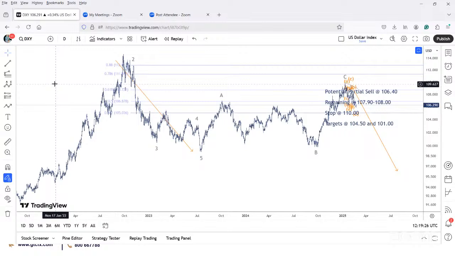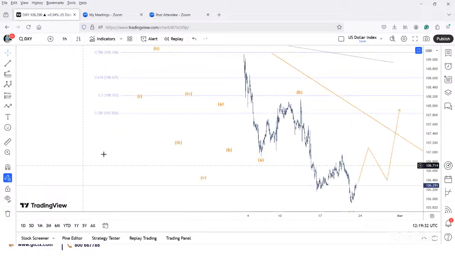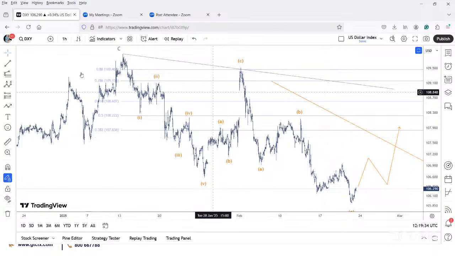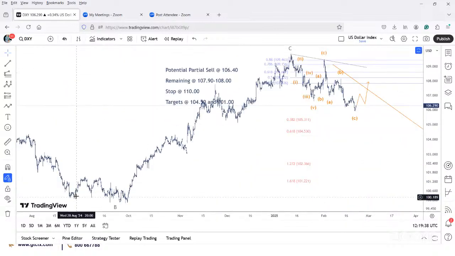Mind you, gentlemen, this is not a short-term projection. Short-term projections for the dollar index are as follows: 104, 104.50, 103, 102. Those supports are going to be taken out one by one. So you can keep booking partial profits if you're willing to take short-term trades.